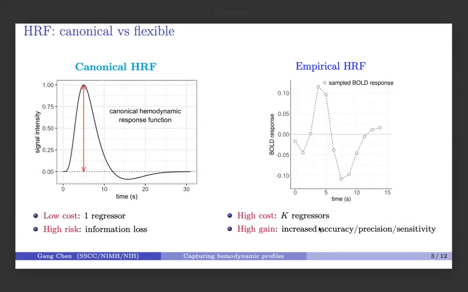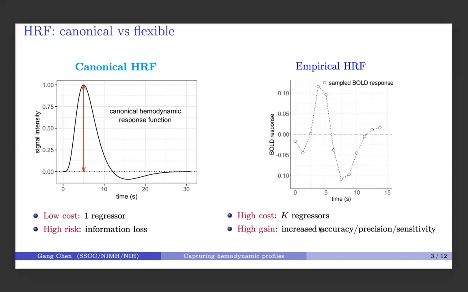So we can make comparisons between the two approaches. With canonical HRF, the cost is low. We only need one fixed curve, one regressor. In contrast, if we want to estimate the hemodynamic response, we have to use many regressors to capture the shape subtleties, those features. So the cost is high.